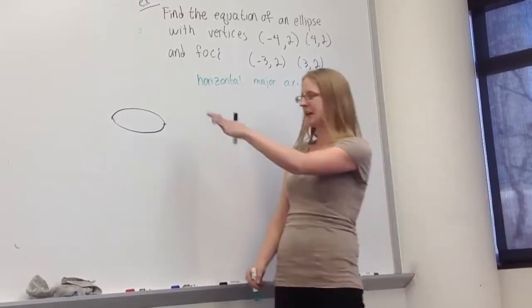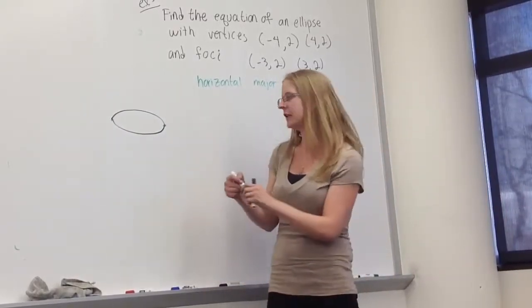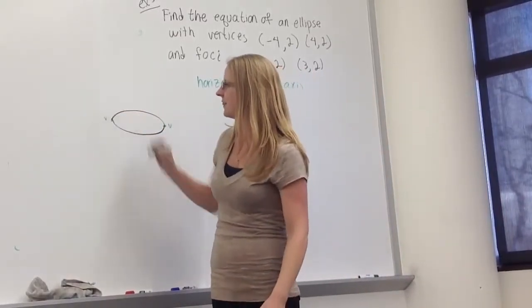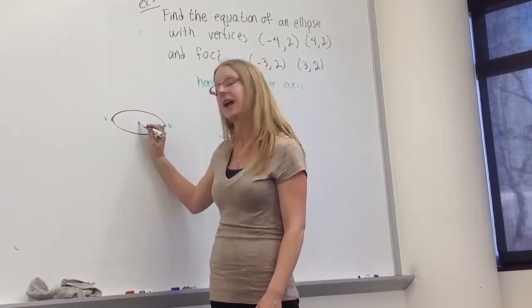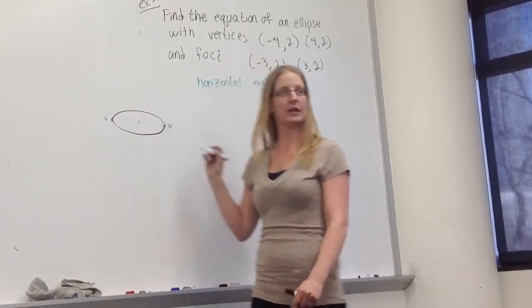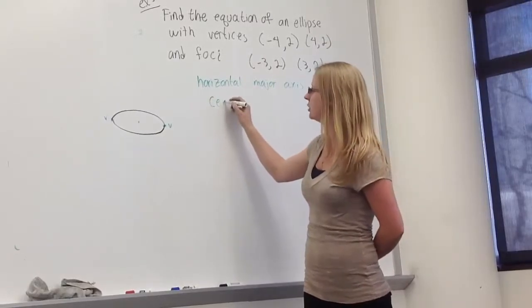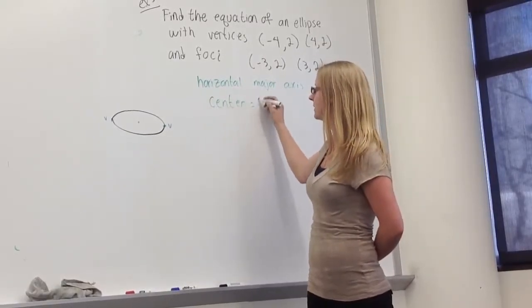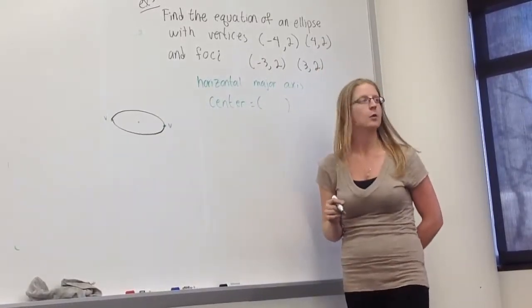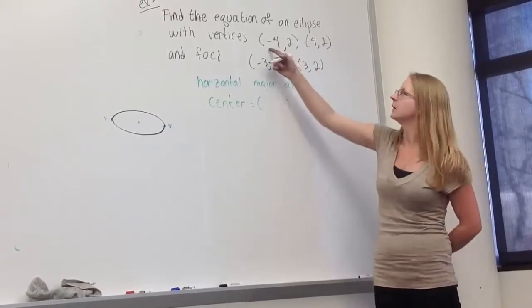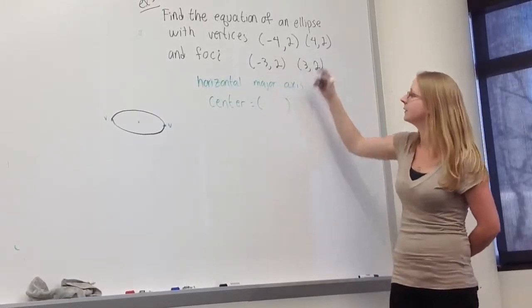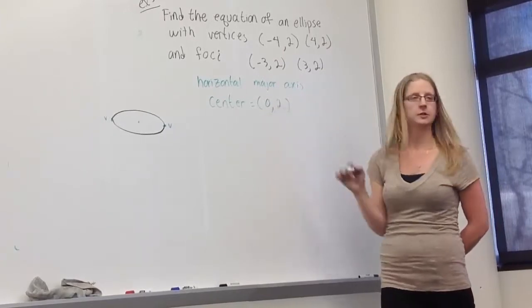Now again, looking at my general sketch here, if these two guys are my vertices, the center would have to be right in the middle. So I do know that that's going to have to be my center. What is my center? Right smack in between these vertices. What's it going to be? 0, 2, right?